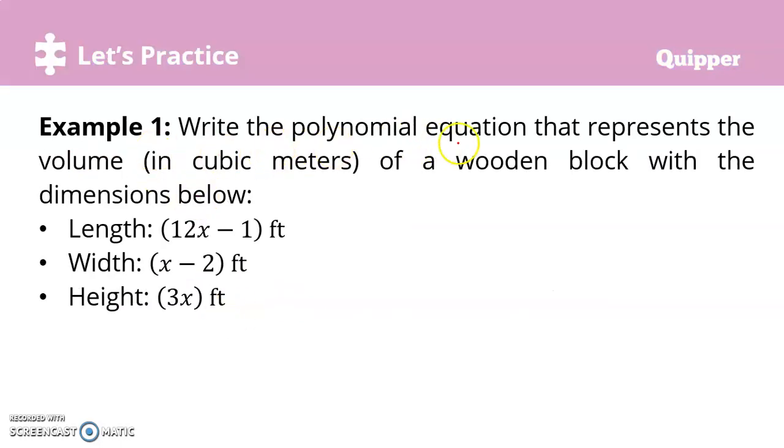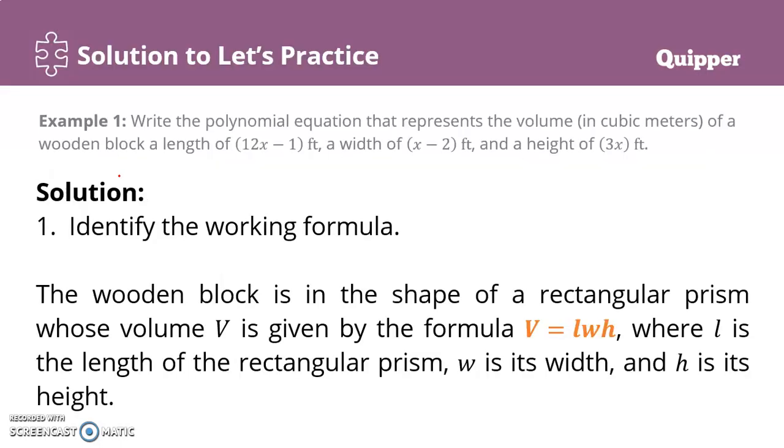Example, write the polynomial equation that represents the volume in cubic meters of a wooden block with the dimensions below. The length is 2x minus 1 feet. The width x minus 2 feet, and the height, 3x feet. Remember that we're talking about the volume of a wooden block, right, in cubic meters.